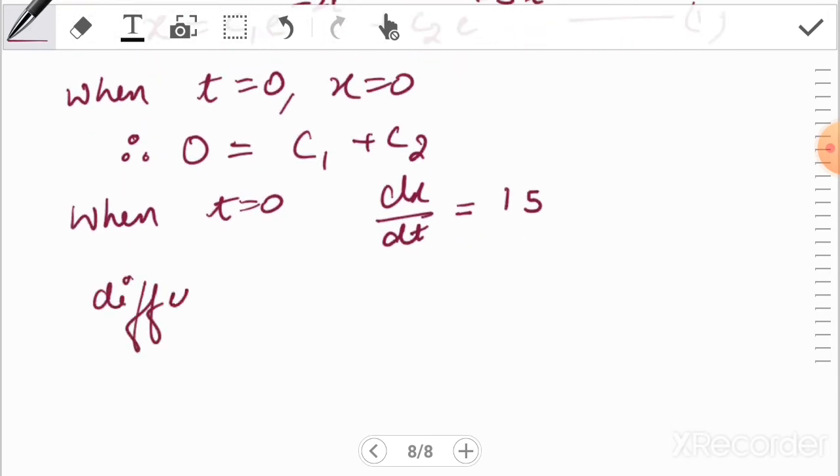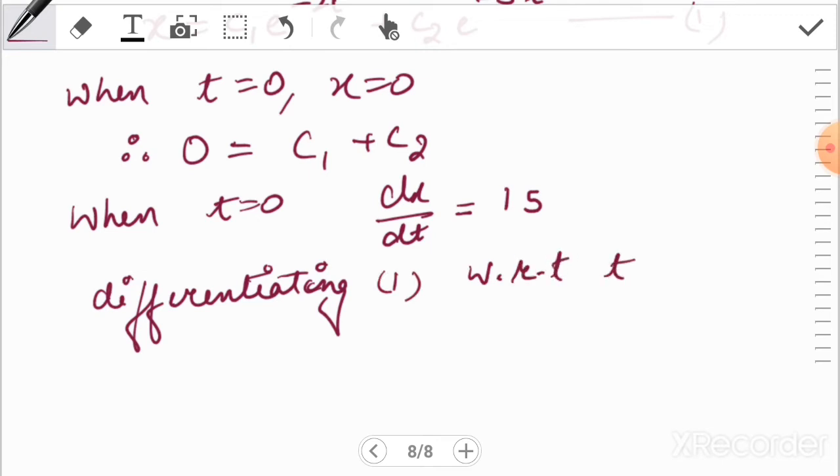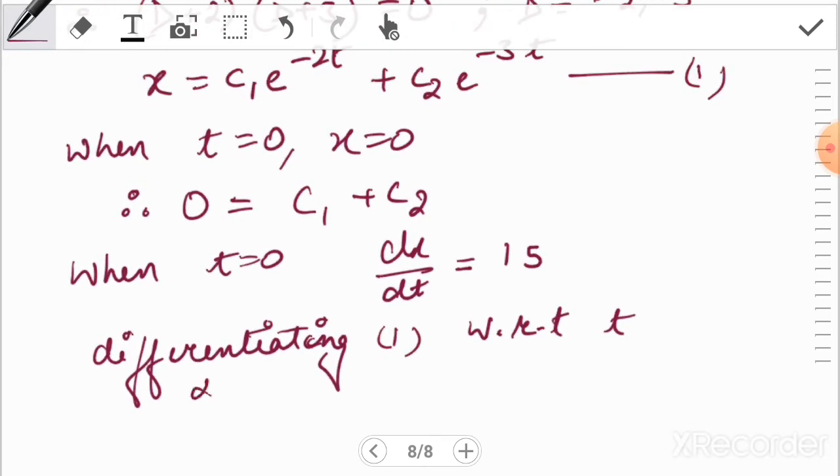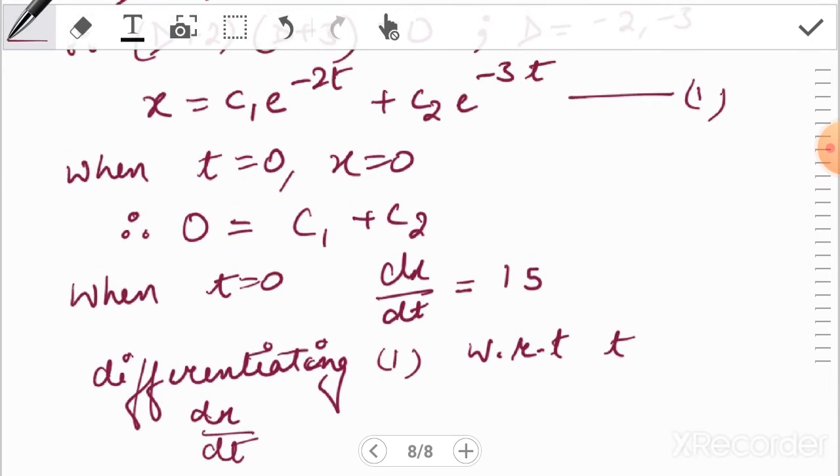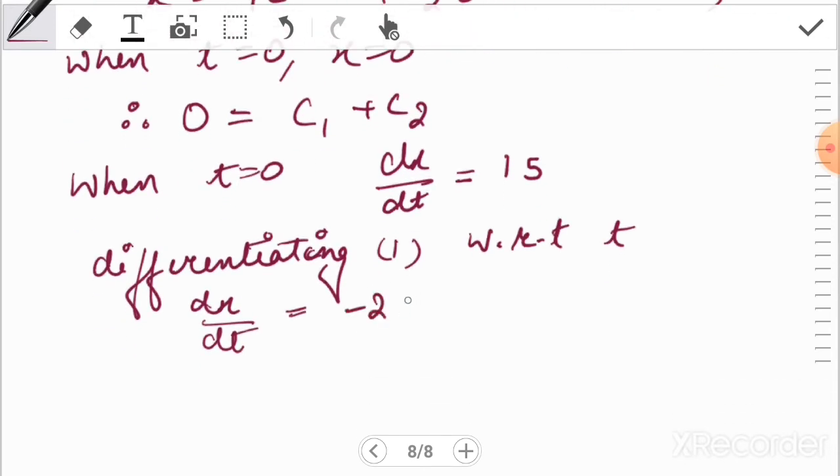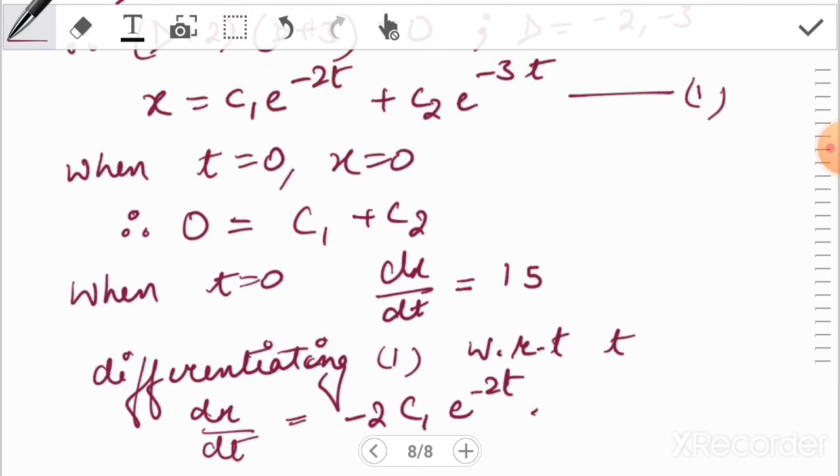Differentiating with respect to t, we have dx by dt equal to minus 2 c1 e raised to the power minus 2t minus 3 c2 e raised to the power minus 3t.